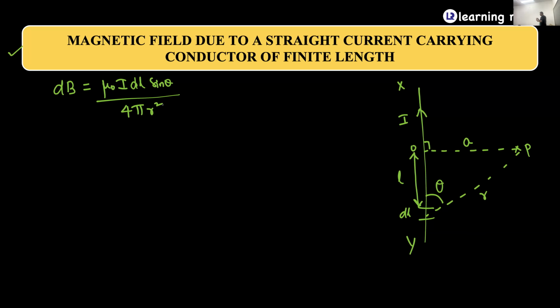Hence, since theta is a variable, sin theta will also be a variable. Next question is, depending on where you take this dl, the distance from this dl to this point P will also keep varying. So r is also a variable. Hence, here my job is to convert this whole thing into a function of one variable and then proceed. Okay. So first, let me explain what we are supposed to do.